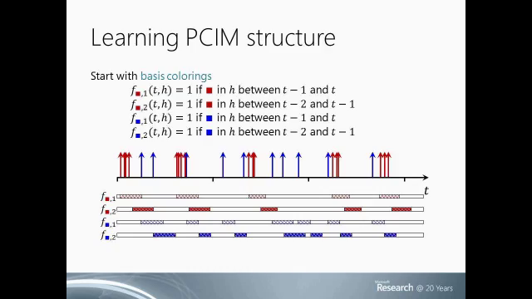We're going to start out with a basis set of colorings. And what I mean by a basis is I'm going to start combining these, but I want to show you what these do. So the first guy says, I'm going to color the timeline dark if there was a red event up to a second ago. So the first red event happens, and we start coloring. A second after the burst of red, we stop coloring, and we start again when another red one happens, and so on.